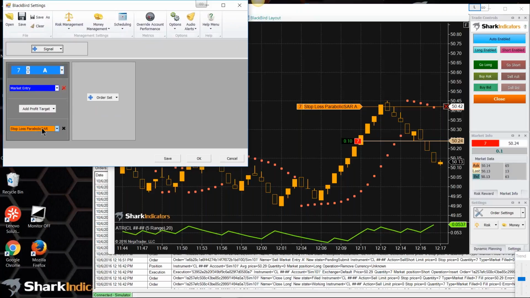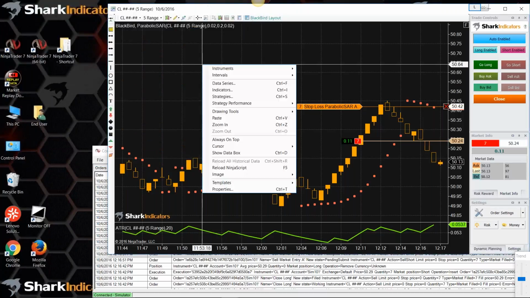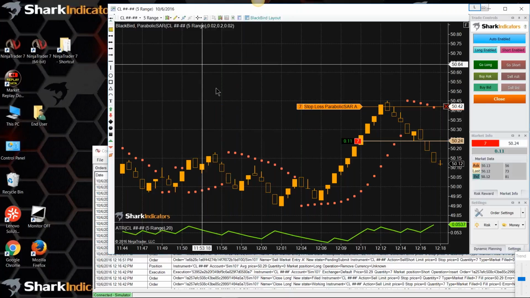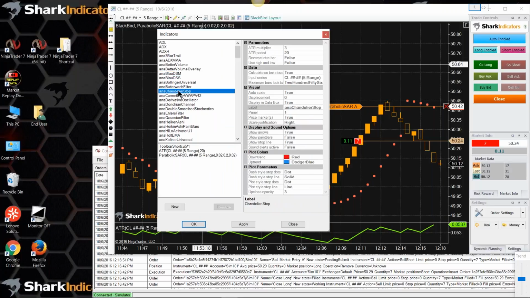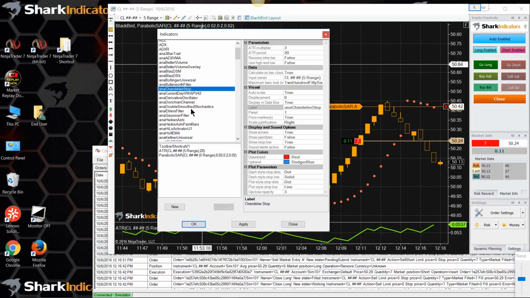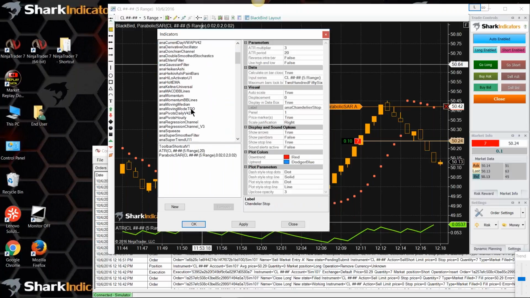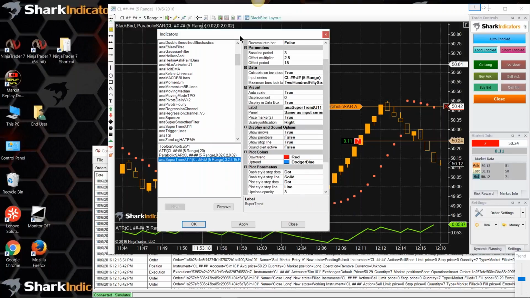Say you want to use your own custom indicator. Last week we covered a couple of the ANA indicators that act as stop loss trailing indicators. There's a chandelier stop. Probably the most common is the SuperTrend. So I'll put the SuperTrend on here.